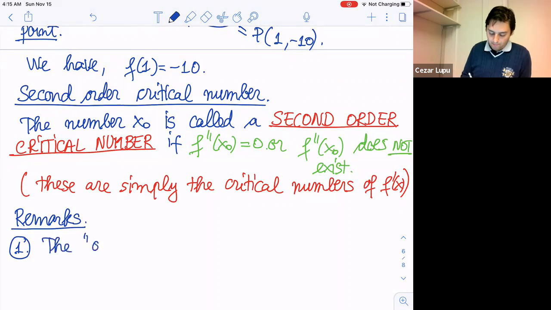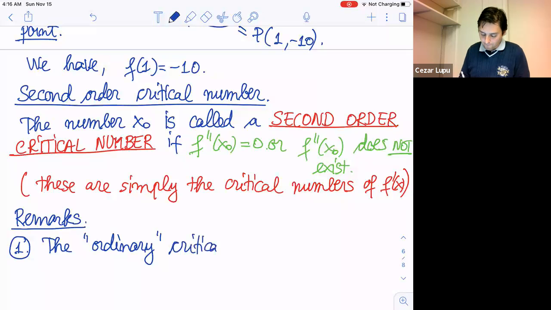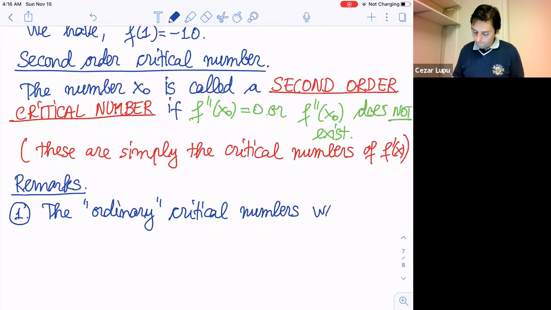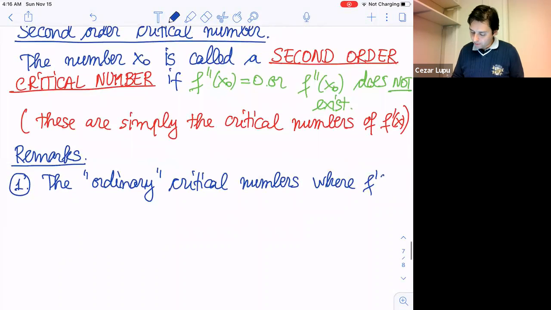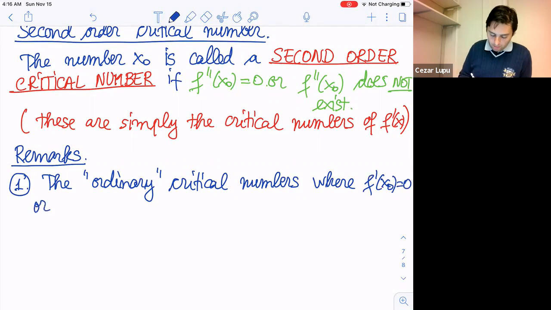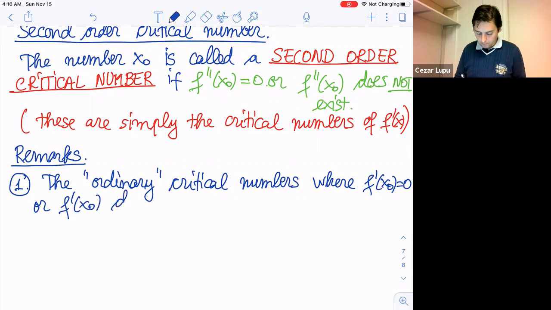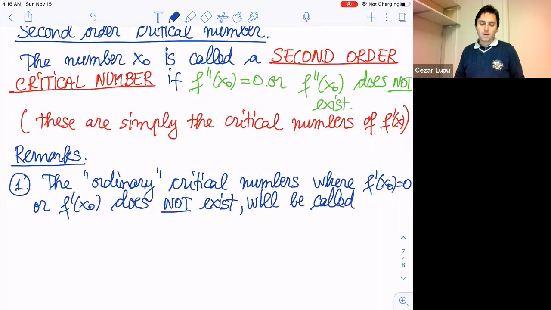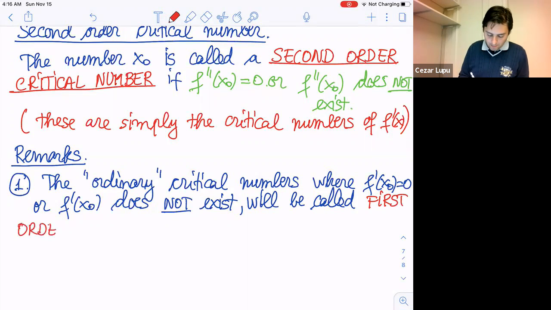Let's say the ordinary critical numbers, where f prime of x naught is 0, or f prime of x naught does not exist, will be called first order critical numbers.